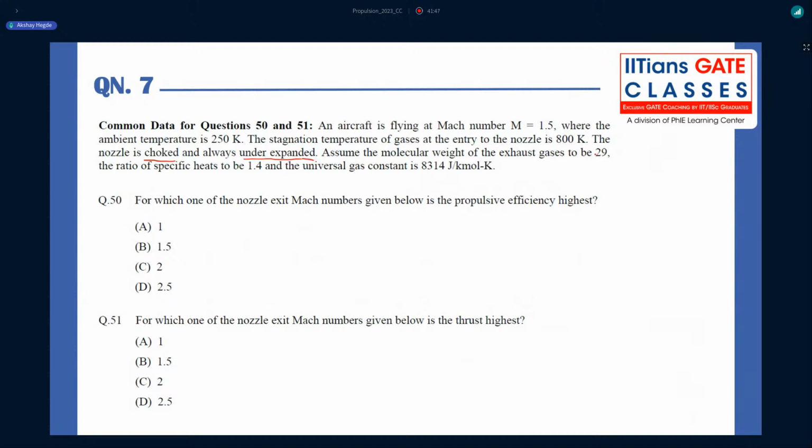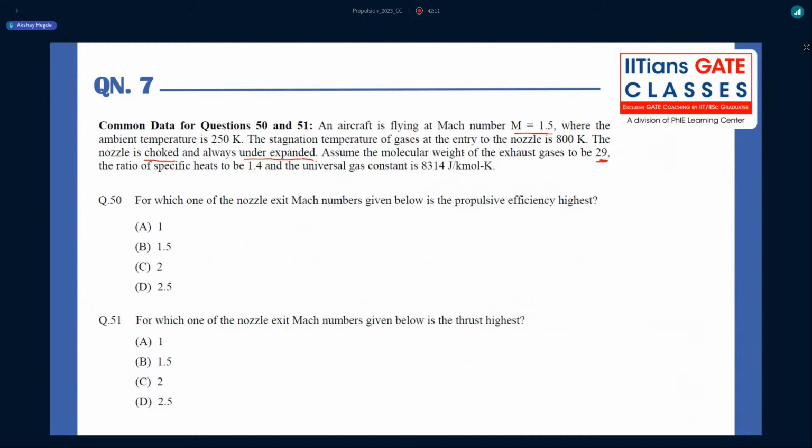One more missing point is that they did not give the unit of molecular weight. It is very important, but it is not given. And the aircraft is flying at Mach number 1.5, which means it's a supersonic aircraft. But it is not given whether the nozzle is convergent or convergent-divergent. That is unclear.